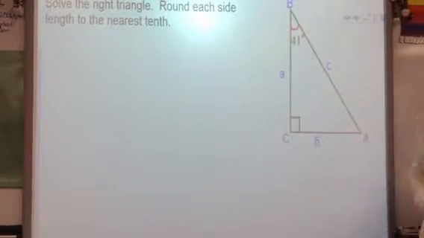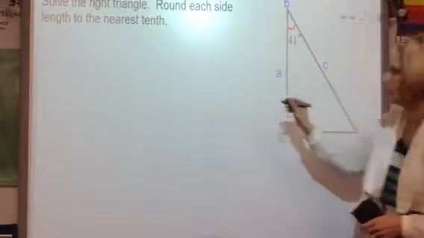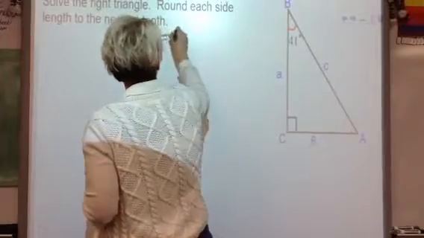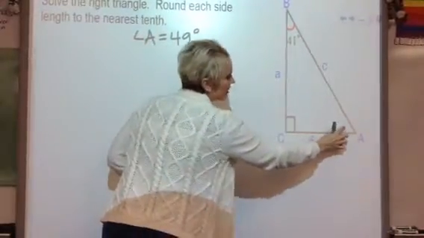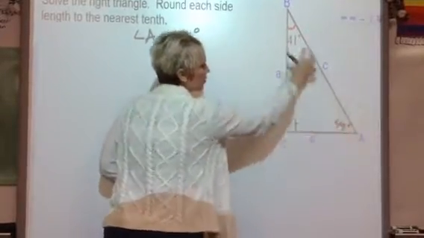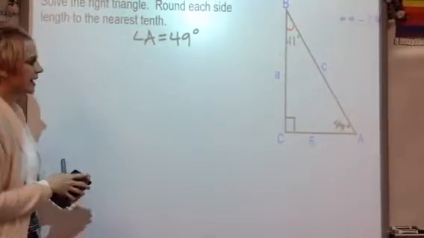So when I add to find that, I get 49 degrees for A. So I have 49 plus 41 plus 90, and that equals 180.